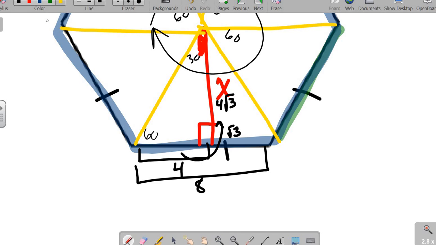Or I could use SOHCAHTOA, and if I'm using this angle right here, that would be adjacent, and the 4 would be the opposite. So I could do tan of 30 over 1 equals opposite 4 over my adjacent, which is x.